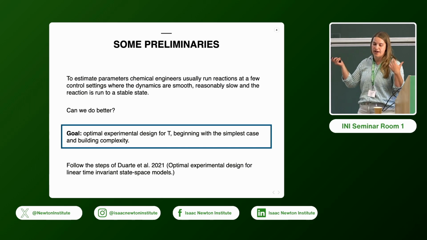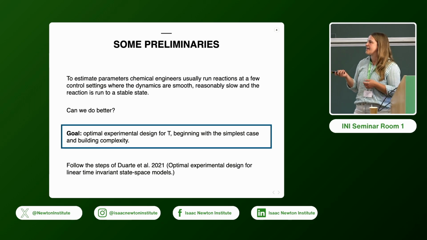So the goal of our work is to find optimal experimental design for something that they can control in the lab. In that case, I'm going to talk about temperature, so they can control temperature in the reactor. Could we find the optimum temperature so that when they collect the data, they can calibrate the model with the highest precision, so the data that they collect is the most informative?